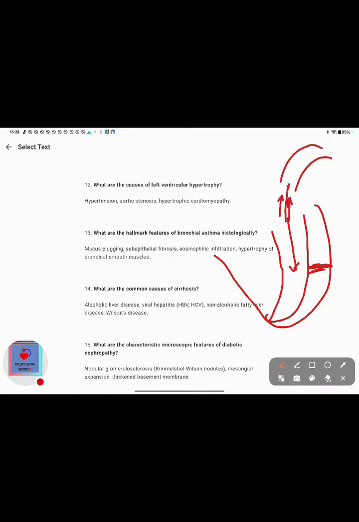That's why a very thick hypertrophy takes place. The cells have become very large in size, as in hypertrophic cardiomyopathy. So the causes are aortic stenosis, hypertension, and hypertrophic cardiomyopathy.